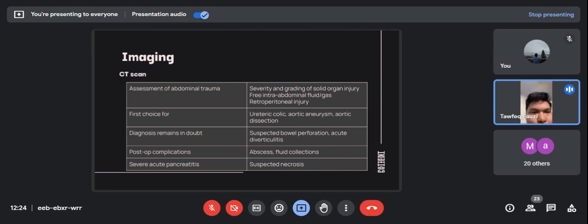You can also use a CT scan to assess for any complications post-operatively, such as any fluid collections or abscess. And you can diagnose necrotizing pancreatitis based on a CT scan. Okay, I think that's all.